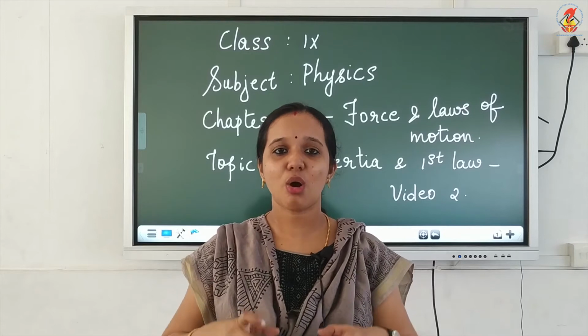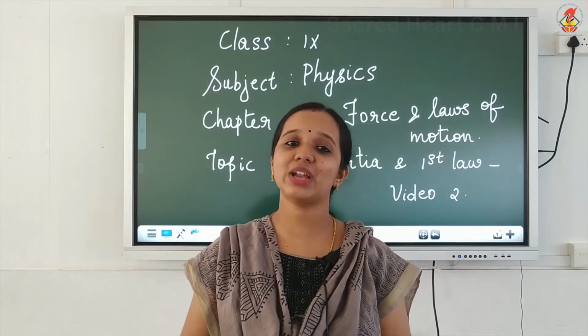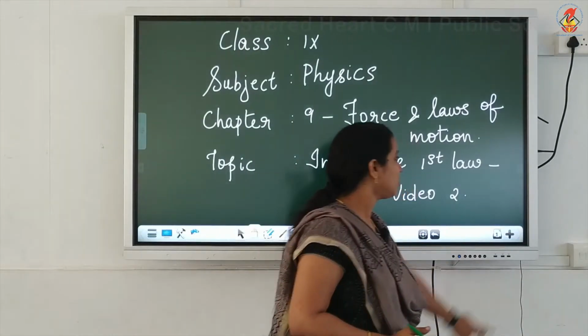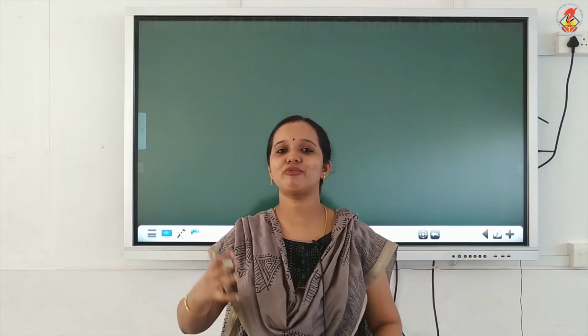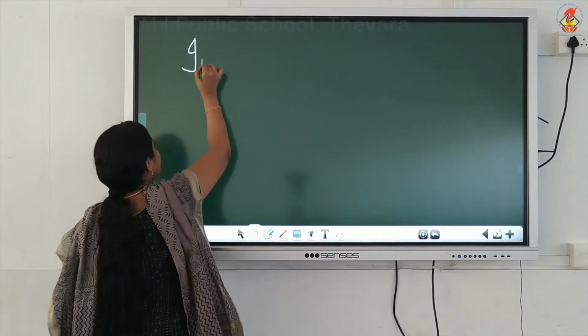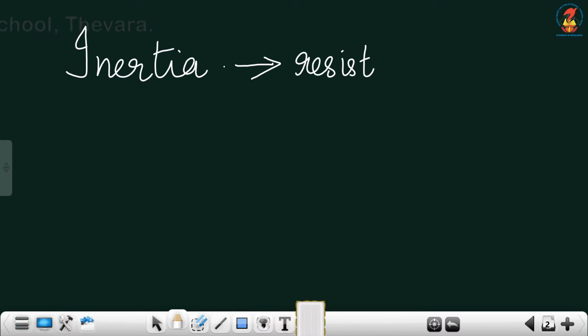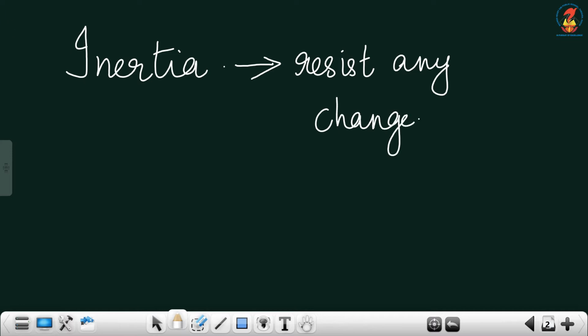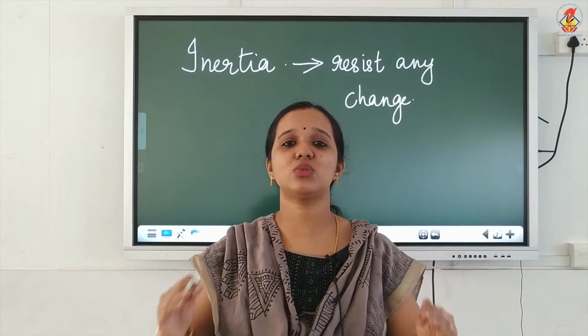This tendency of any object to resist any type of change is known as inertia. So, the property of an object to resist any type of change is known as inertia. That is, an object will remain in a state of rest or in uniform motion.